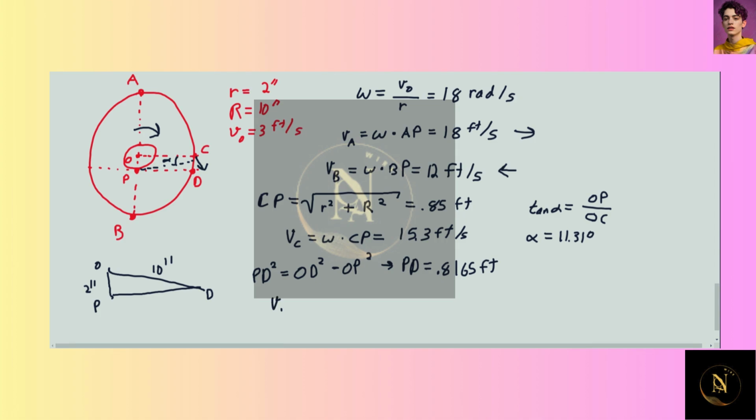And then VD, the velocity of that point will just be omega times that distance PD or dP, which will give us a 14.70 feet per second. And this has to be directly downwards because it has to be moving perpendicular to that line PD.